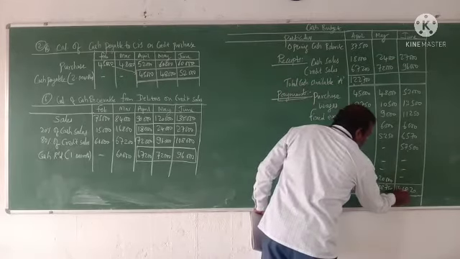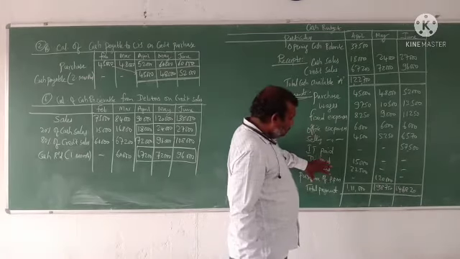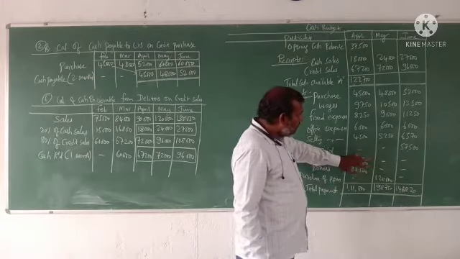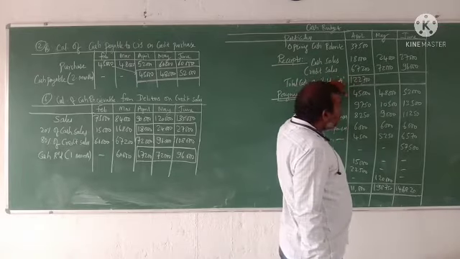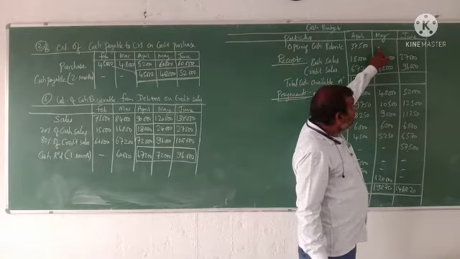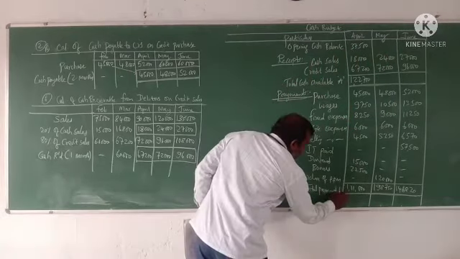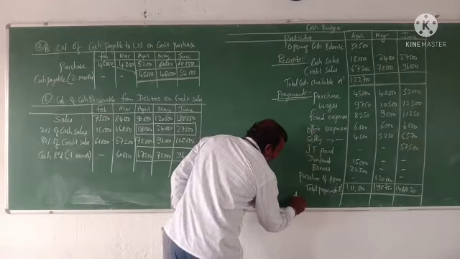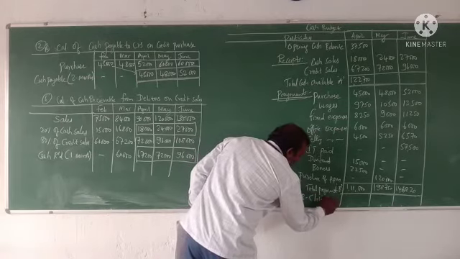Okay. Now we close the payment column horizontally because there is no missing information. But receipts cannot be closed like that because there is one missing piece of information, that is the opening balance. So how to identify the opening balance? This total is B. So A minus B, that is the closing cash balance.